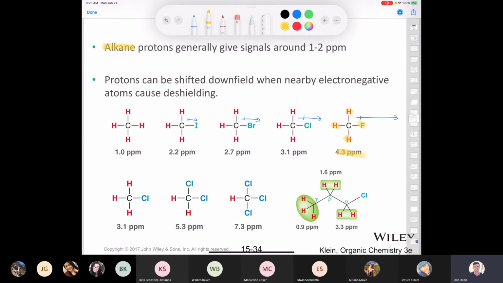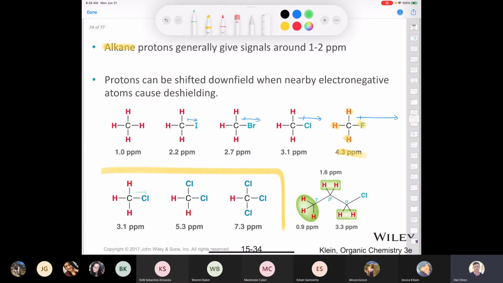So the more electronegative an atom is, the greater the inductive electron-withdrawing effect it has, and the higher the chemical shift is going to be. And you can see that that effect is additive here. If you go from chloromethane to dichloromethane to chloroform, what's the effect of adding more and more chlorines? The chlorines are electron withdrawing.